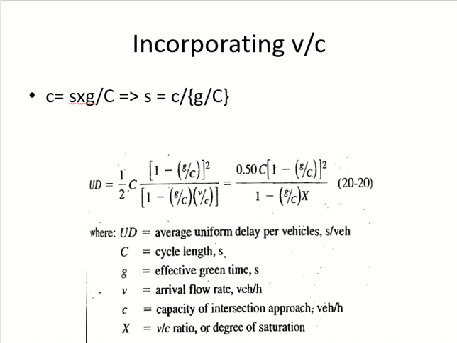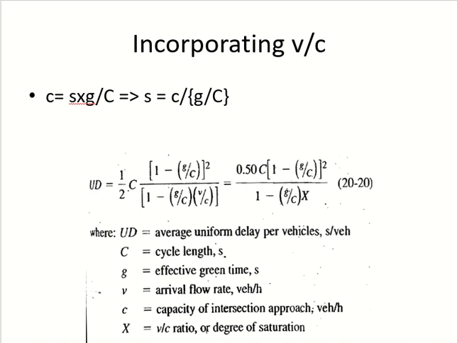Saturation flow rate is the maximum flow rate without considering any lost time, without considering any stopping time. Capacity is the maximum flow rate with these things. We did one example earlier in which we used the relationship in the first line: capacity equals saturation flow rate into g by C ratio.